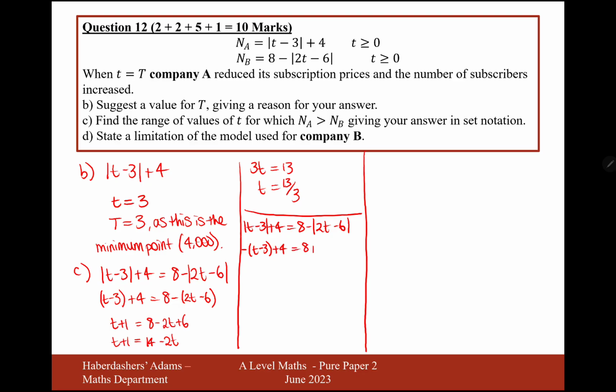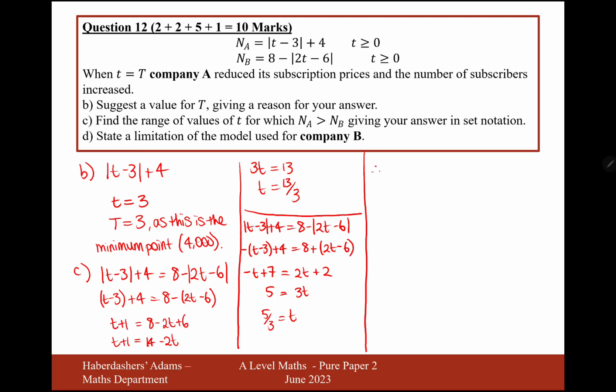The minus in this question is now going to turn into a plus. So I'm now going to expand the brackets. t add minus t add 7, because the double negative on the 3 add the 4 makes 7. 8 minus 6 is 2, so add 2. And then add the t onto this side, it's 3t. Take away 2 onto this side, it's 5. So 5 over 3 equals t.